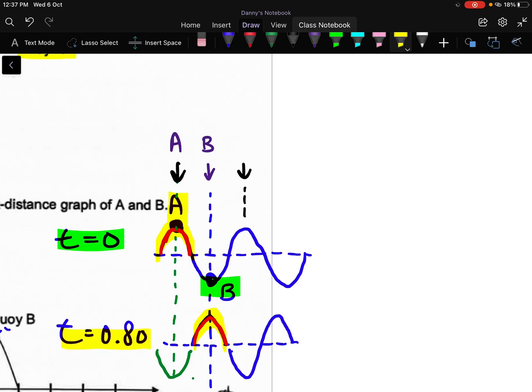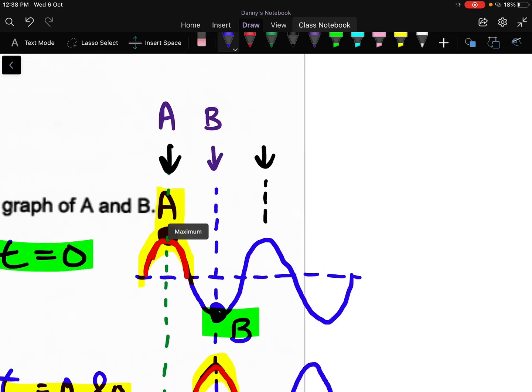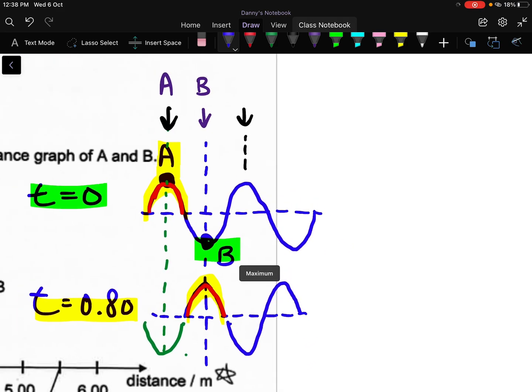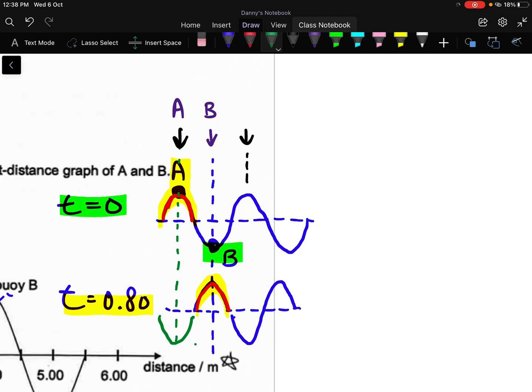Now what does this tell you? You see, in order for the crest at A, the red crest, to move to B, you need to produce this green crest to push the thing over, right? So it means what? It takes 0.8 seconds to make half a wave, right?